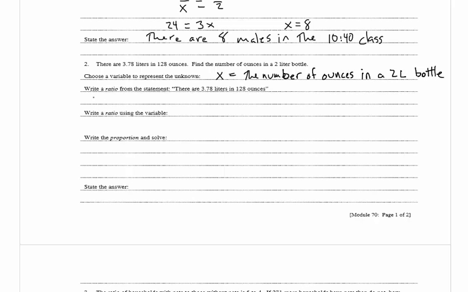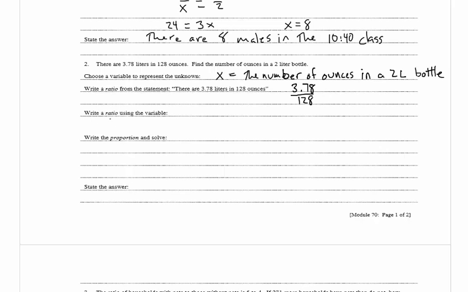And now they want us to write a ratio from the statement there are 3.78 liters in 128 ounces. So we have 3.78 over 128, and we put liters in the numerator and ounces in the denominator.